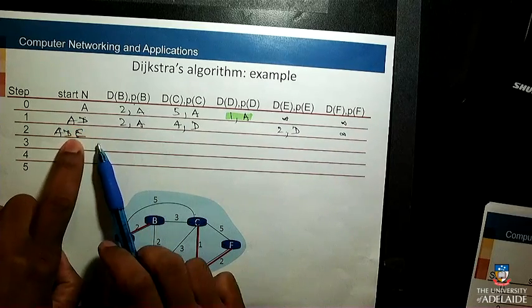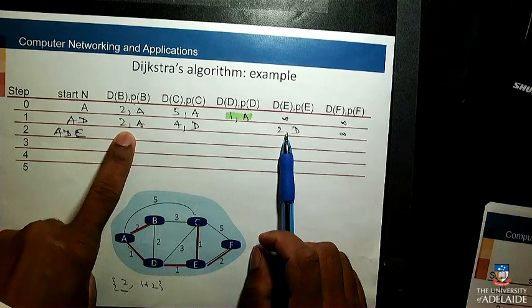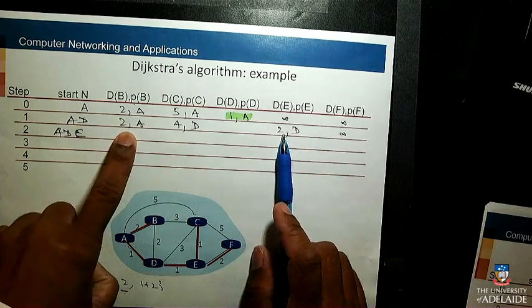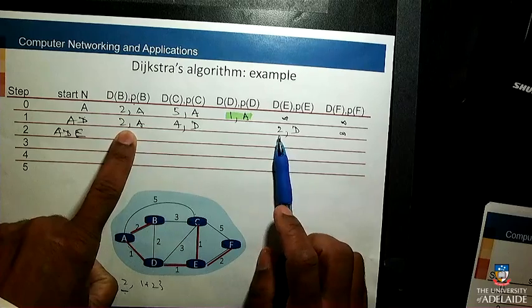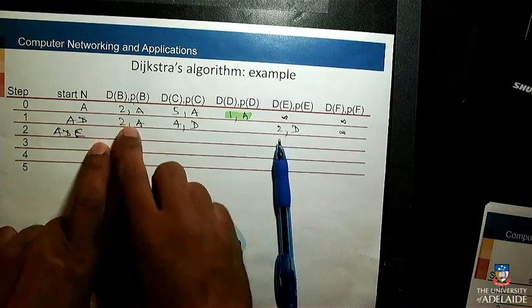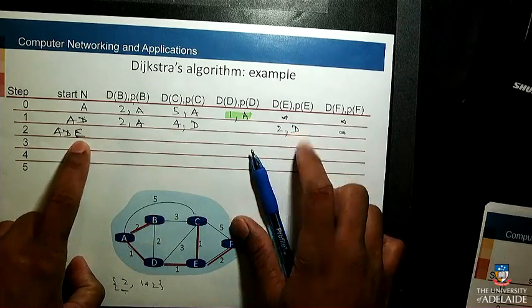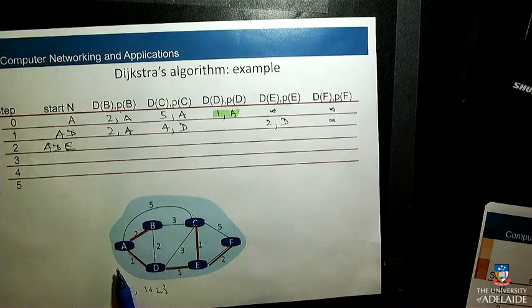Now we have two choices in terms of which node we want to add to the list. We can either pick this one or that one. To go with the example in your slides, we picked E.